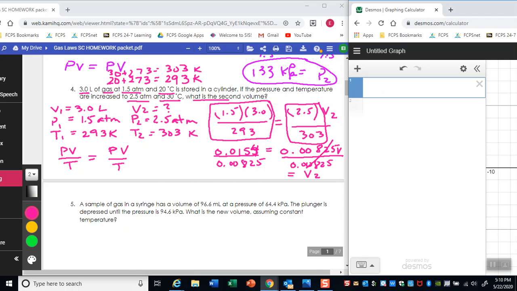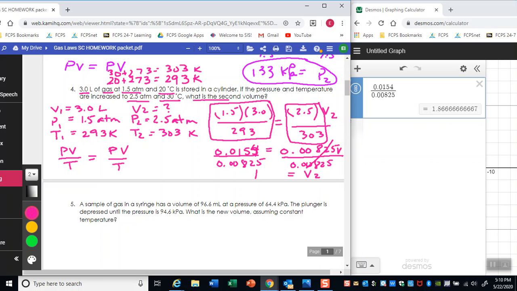So I'm going to divide that out. 0.0154 divided by... The idea is you don't want to round, the less rounding you do, the better. There are other ways to solve this, and if you want to do it that way, that's fine. So 1.8, and then now I only want 3 significant digits, so I'm going to say 7.